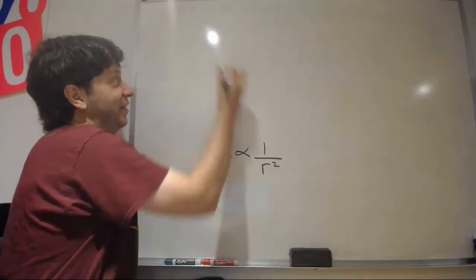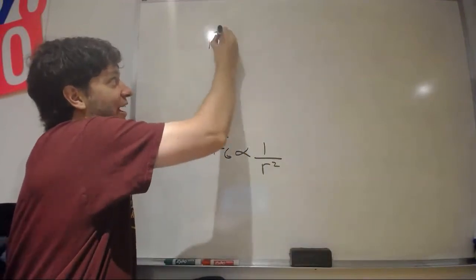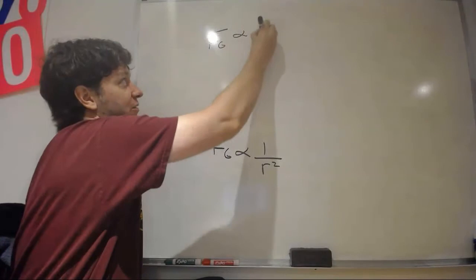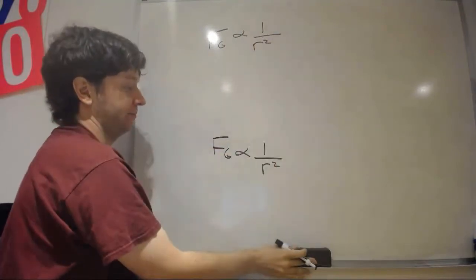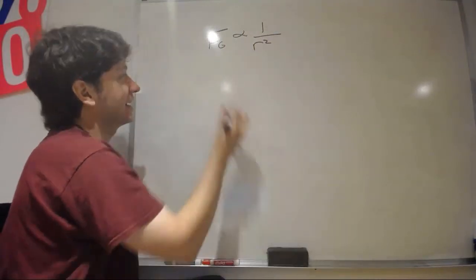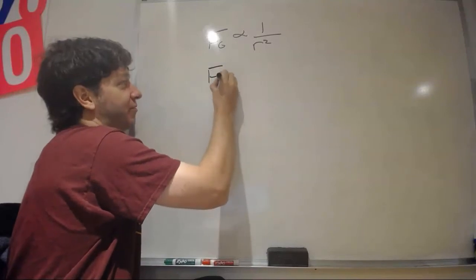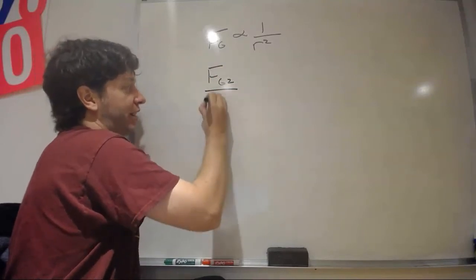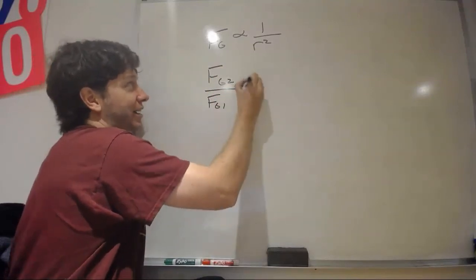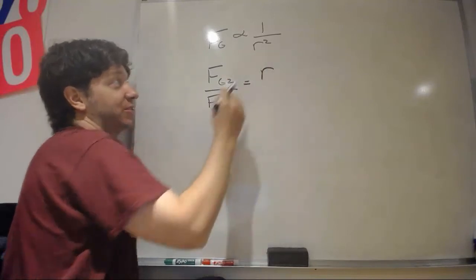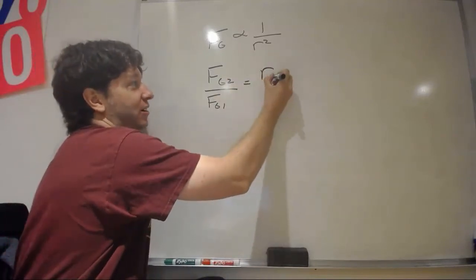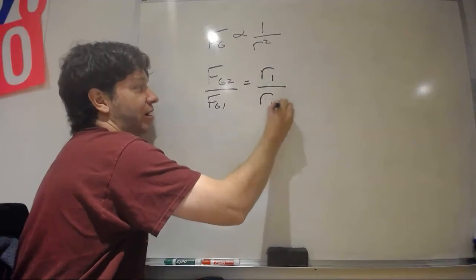So if I have this, where FG is proportional to 1 over R squared, I can say FG2 over FG1 equals, and first I'm going to flip them, so I'm going to do R1 over R2, and I'm going to square them both.